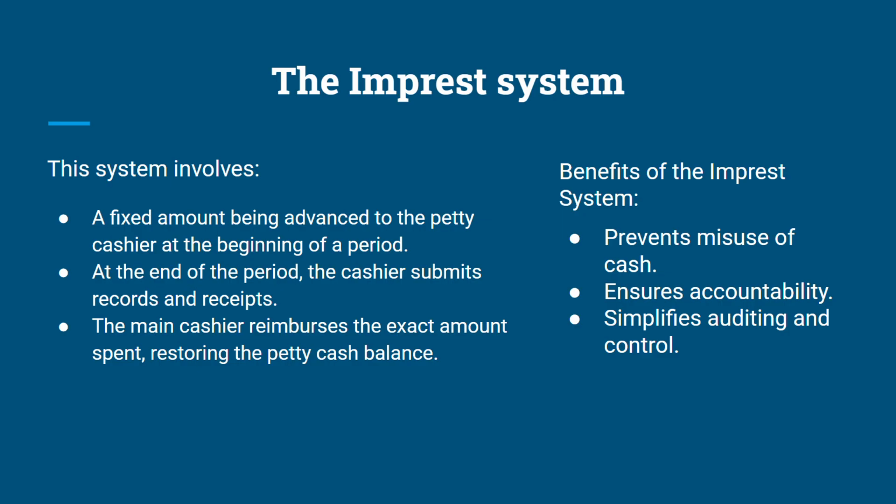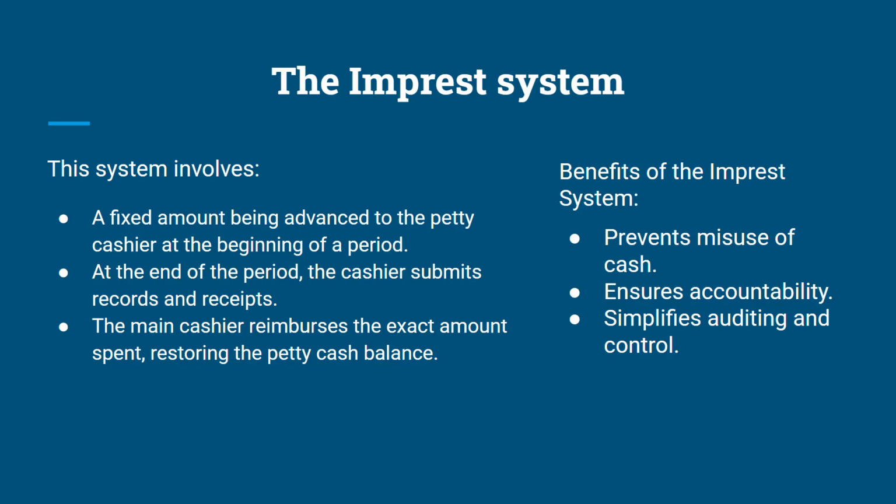So some advantages of the imprest system, for example, it allows the misuse of cash to be prevented as much as possible, because sometimes employees can use that cash for their own good and nothing to do with the job or work, and we need to prevent that.